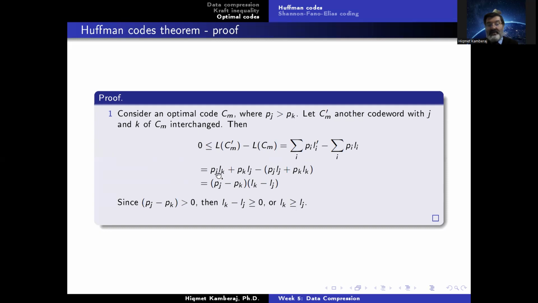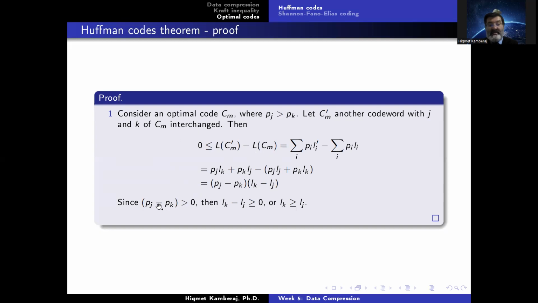For the jth and kth terms of C_M, this sum is equal to p_j l_j plus p_k l_k, the normal way, because in C_M prime, l_k becomes l_j and vice versa. Now you can rearrange this as (p_j minus p_k) times (l_k minus l_j).